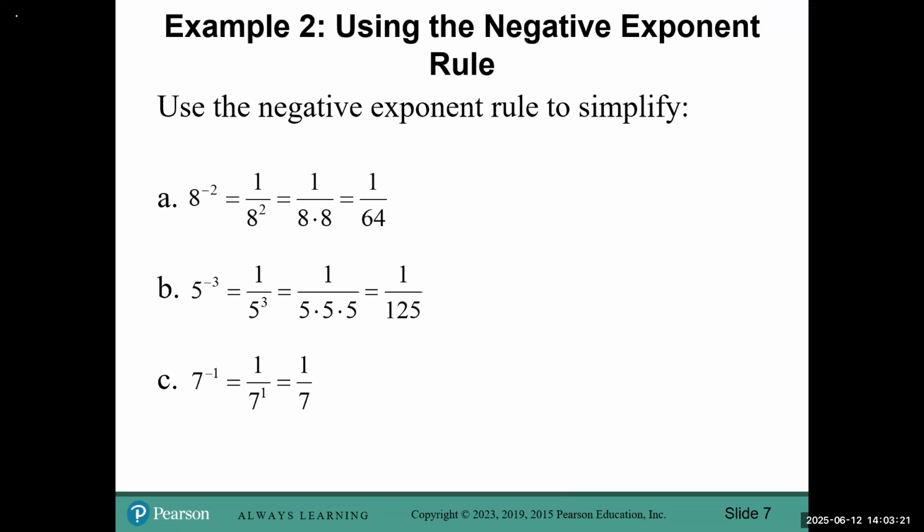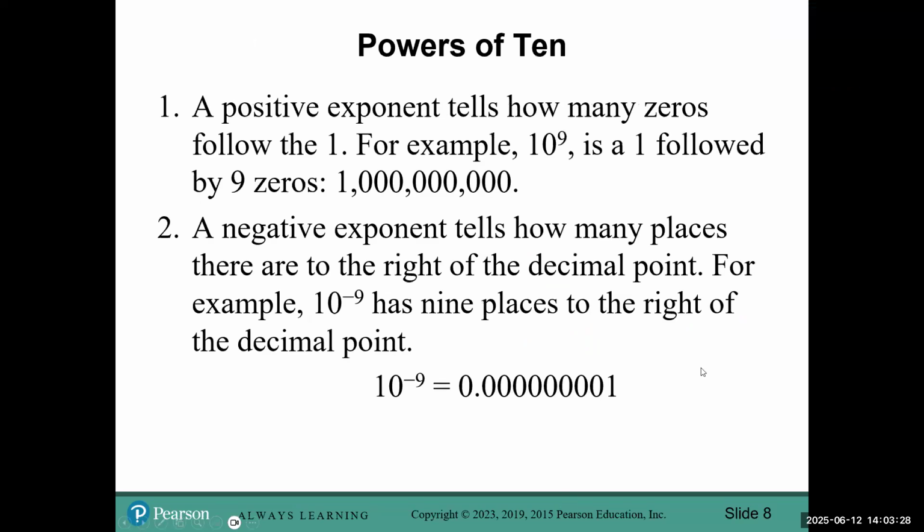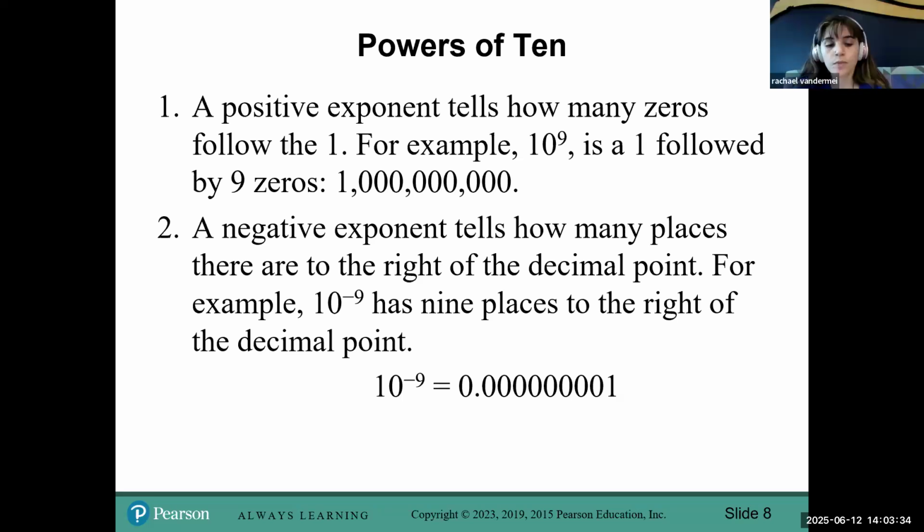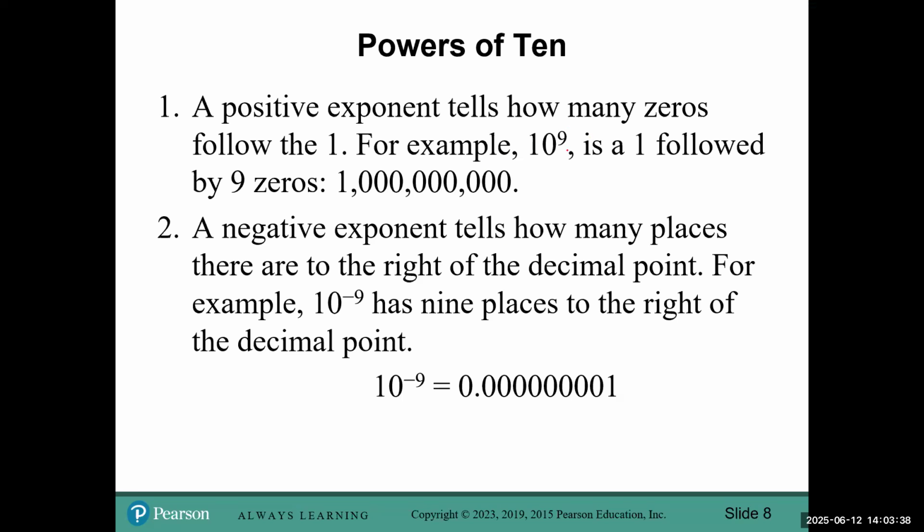Okay. So let's see what other properties there are. The main things to keep in mind with your powers of 10 is that whatever number we have here, that's how many zeros are after the 1. So 10 to the ninth is a 1 with 9 zeros.